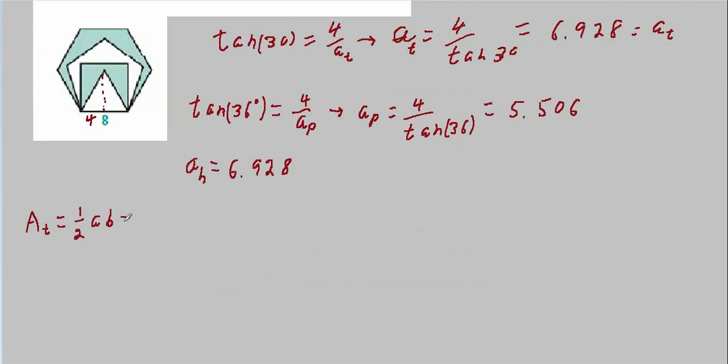Well, that's going to be 1/2 of 6.928 times the base, which is 8, not 4. We need the whole side now. And the same as 4 times almost 7. Let's see what we get. So for the triangle, we end up with 27.712. For the square, well, I just went ahead and wrote it out. It's 8 squared, which is 64.